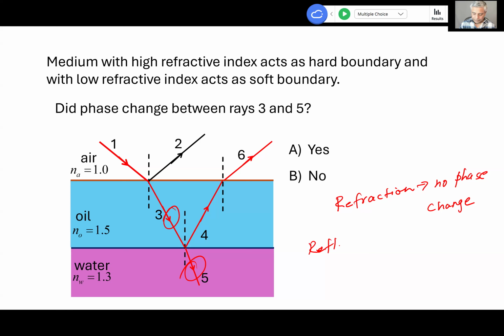Reflection, phase changes at the boundary going from lower to higher.